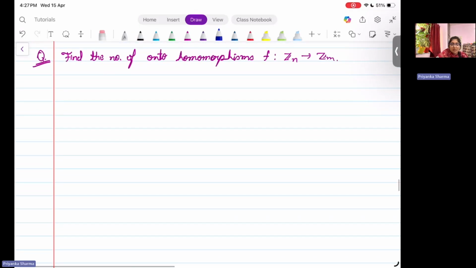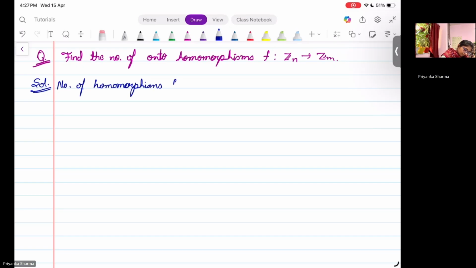Now come to the next question. Find the number of onto homomorphisms from Zn into Zm. So till now we have calculated the number of all possible homomorphisms. Now we need to figure out those that are onto as well. So first we write the known result up to this point. Number of homomorphisms from Zn to Zm is GCD of n and m.